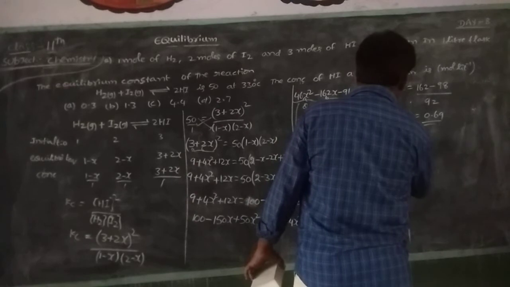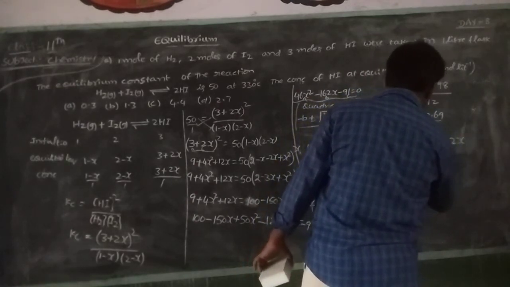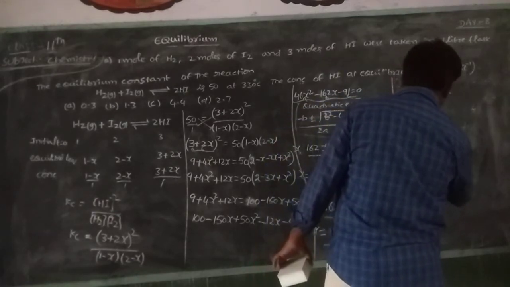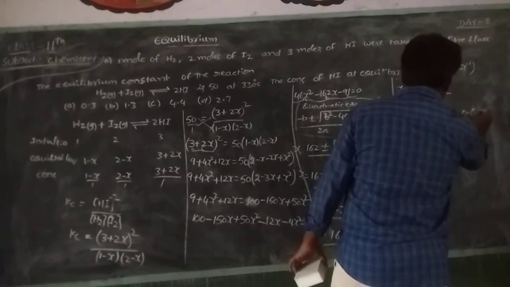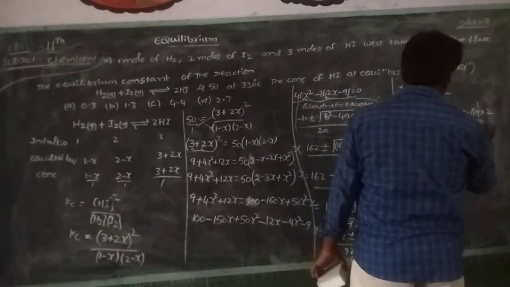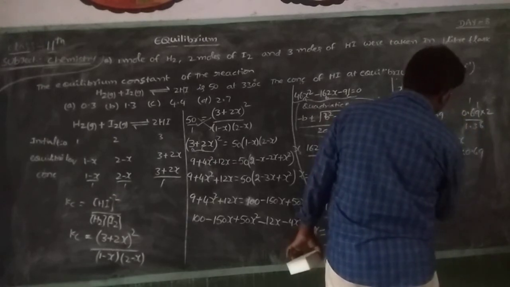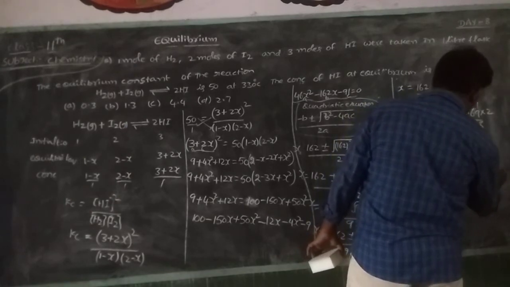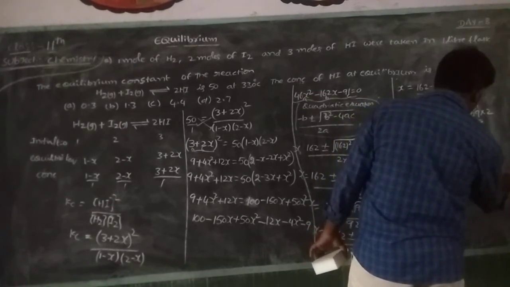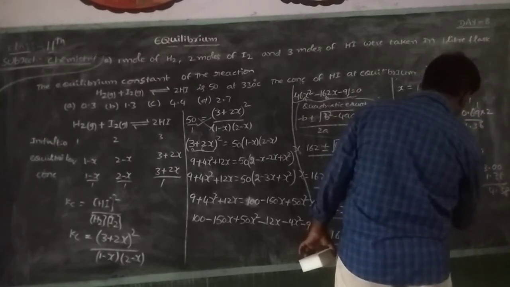HI at equilibrium is equal to 3 plus 2x. 3 plus 2x means 3 plus 2 into 0.69. Listen, 0.69 into 2, 2 9s are 18, 2 6s are 12, 1 is 13, that means 1.38. 3 plus 1.38 means 4.38.